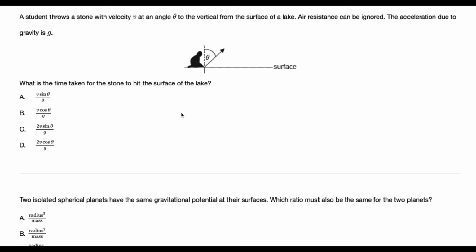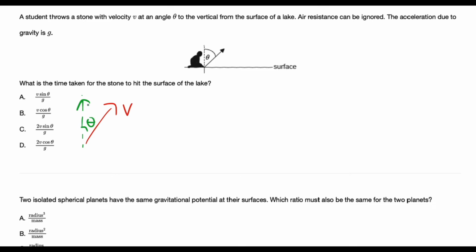A student throws a stone with velocity v at an angle theta to the vertical from the surface of a lake. Air resistance can be ignored. The acceleration due to gravity is g. What is the time taken for the stone to hit the surface of the lake? So this is the initial velocity here, and then you can separate it into components.